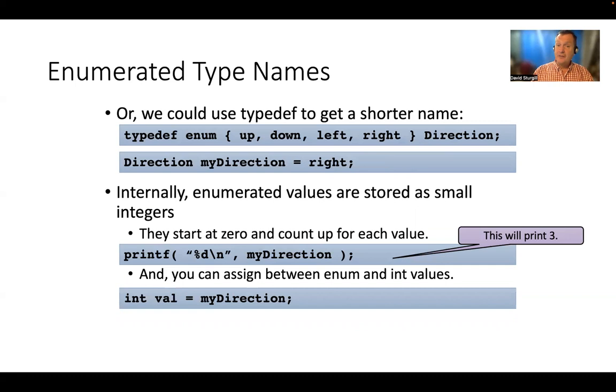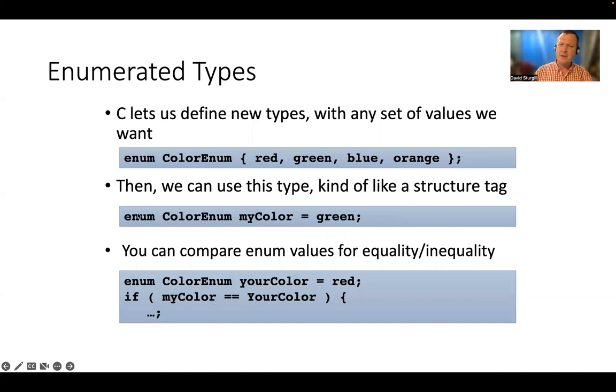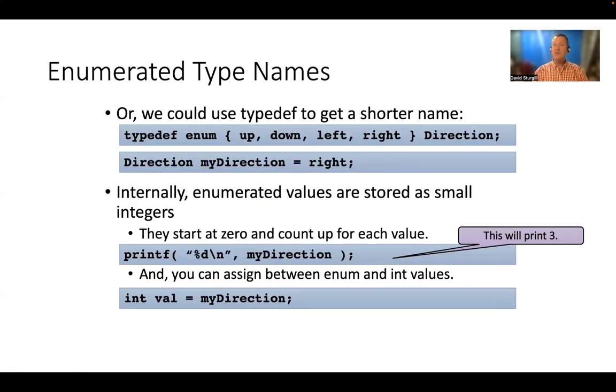Just like struct, like we just saw, backing up a slide, every time you have to make the enumerated type, you have to use the enum keyword. If you want a short name that you can just use like any other type name, typedef makes it easy to do that. So normally if people were defining a new enumerated type, they might not even bother giving it a name for the enumeration.